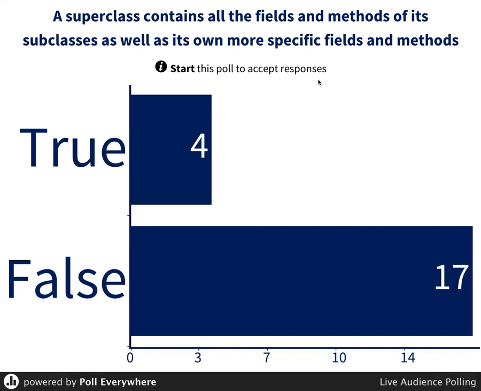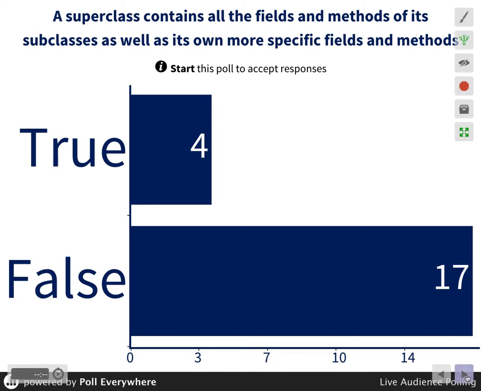We become more specialized as we create our subclasses, or another word for them is derived classes, child classes. The more we derive, the more we go down the hierarchy, the more specialized we get. So when I talk specialization, you know I'm talking about a subclass, not a superclass. Superclass has as little specialization as possible because you want more other classes to pull from it or inherit from it.